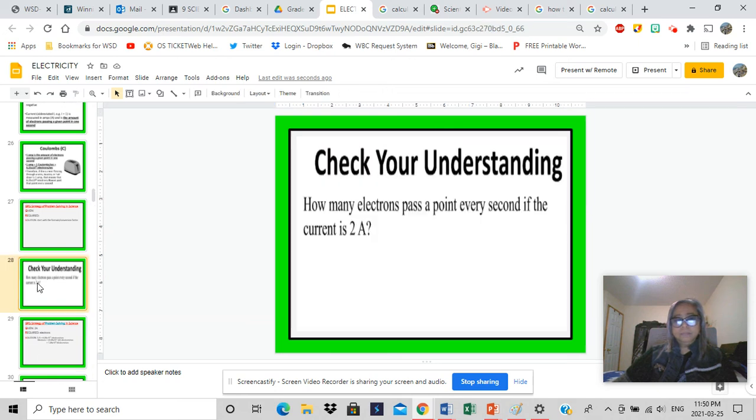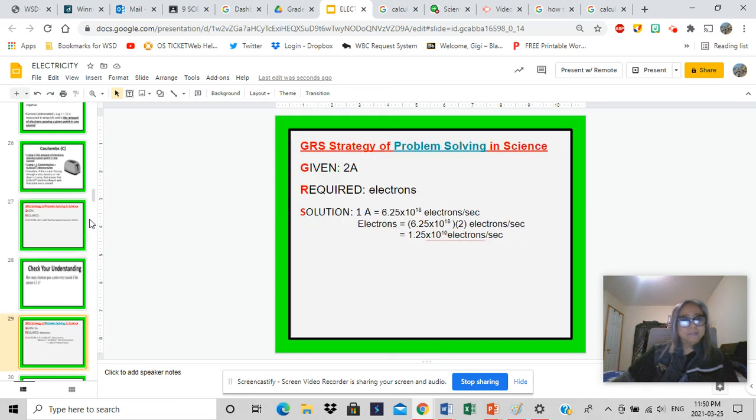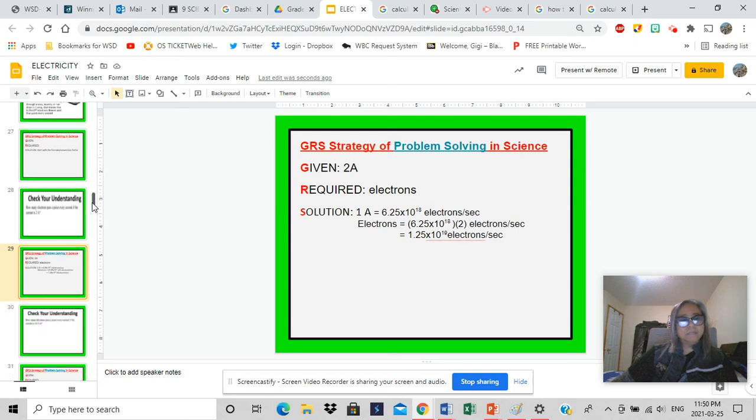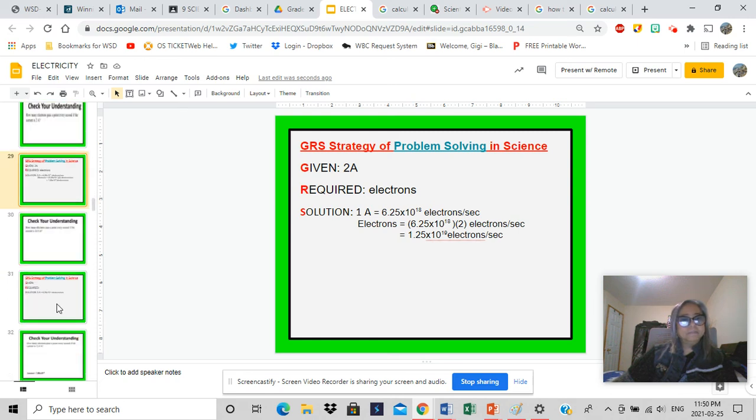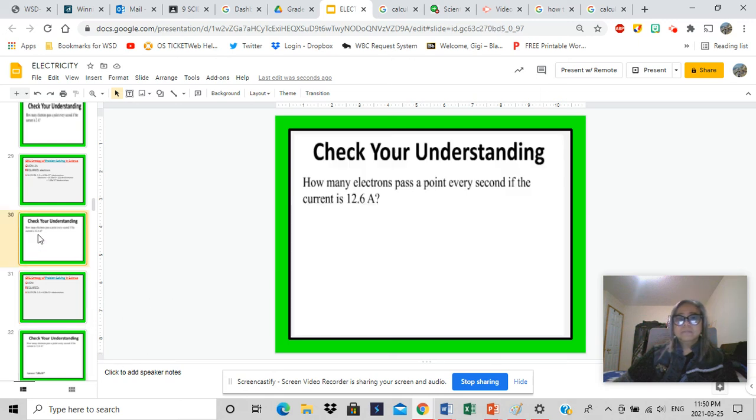Now, this is the second problem for you guys. How many electrons pass a given point every second if the current is 12.6 A?